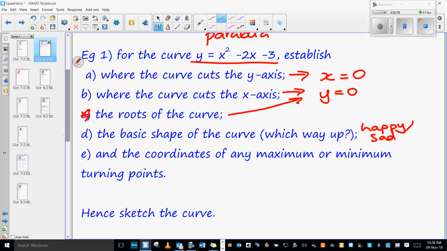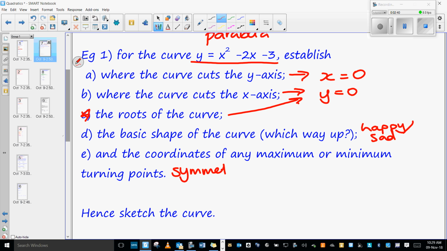Okay. So this one may be a little bit more in depth. We know that parabolas are symmetrical. So we know that if we've got our two x-axis intersects, our maximum or minimum point is going to be midway between them. Do we talk about that already? Not really? Okay, so we'll do it for this actual one.